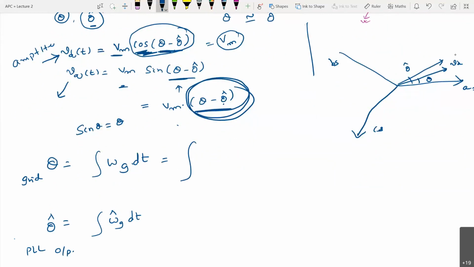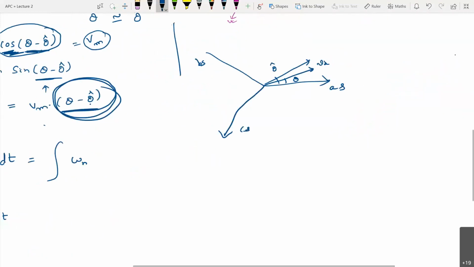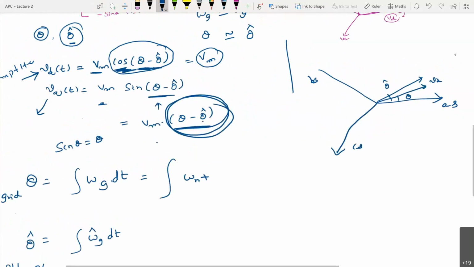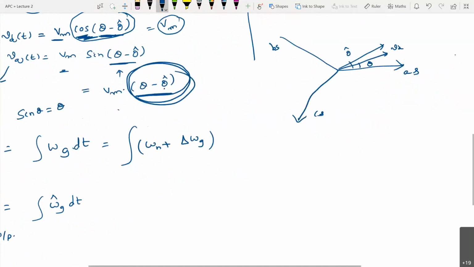So this omega g is the omega n, the nominal frequency, plus this grid error, the error that is generated here. So this can be written as omega n dt plus delta omega g dt.